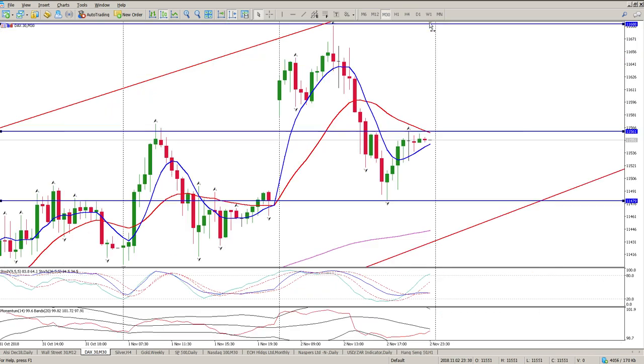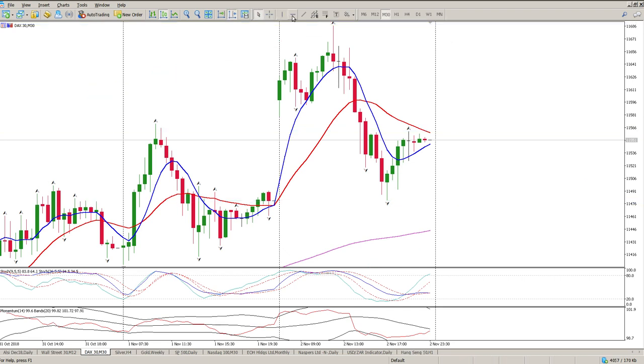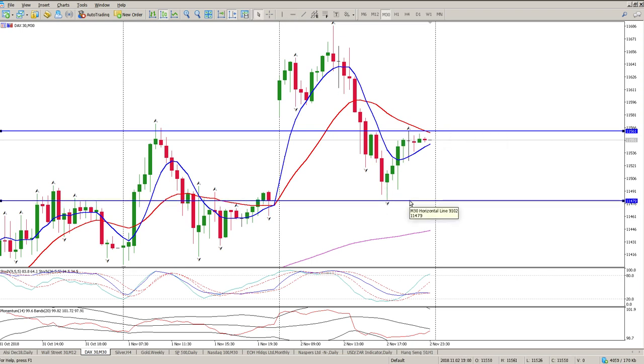The last one I want to do is just drill down to the half hour, see if there's anything here. And nothing really here either. So just clean up the mess, and that is a half hour fractal, which is something to watch, as is that. So those are the two levels to watch.